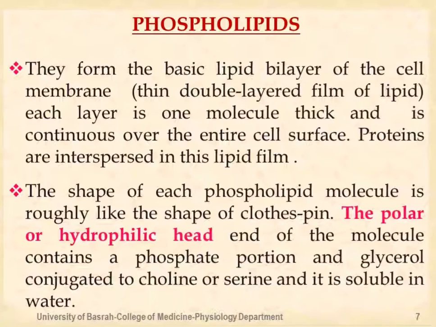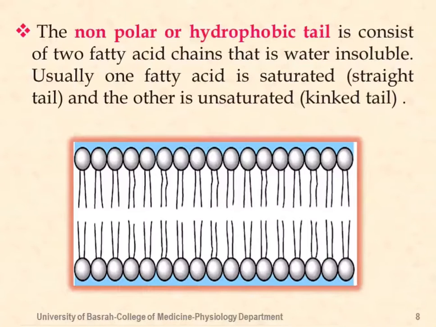The shape of each phospholipid molecule is roughly like the shape of a clothespin, يعني مثل الدبوس. The polar or hydrophilic head end of the molecule contains a phosphate portion and glycerol conjugated to choline or serine, and it is soluble in water.